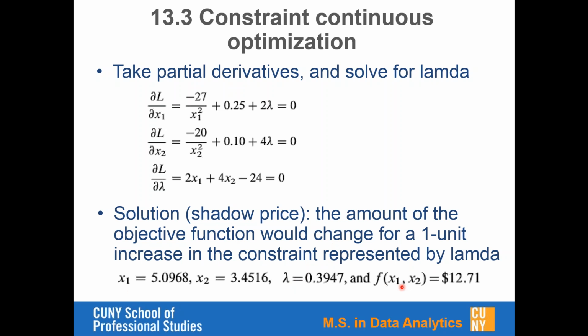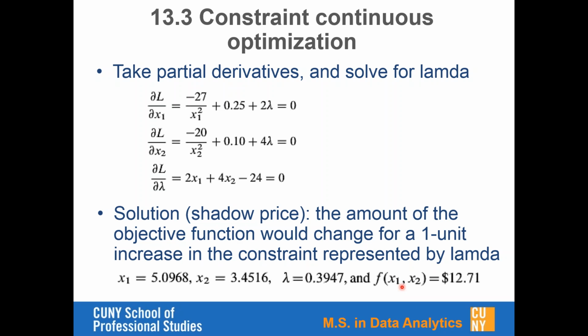And then after solving x1, x2, and lambda, we know the objective function would be a specific value. The book specifically mentioned this part because earlier in linear programming, we studied sensitivity. When you move your x, what's the corresponding change to your objective function? Another type of sensitivity would be, what if you increase your right-hand side, increase your resources?